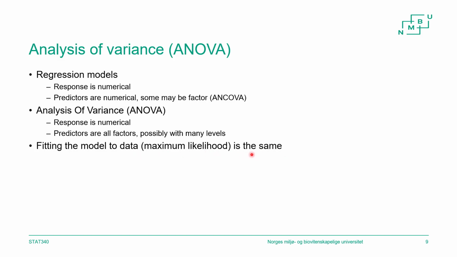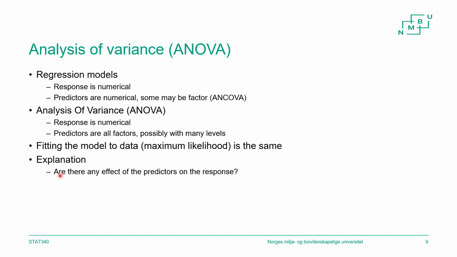So it's the same idea, the least squares and so on. Again, the focus here is on explanation. We want to understand how these various factor variables are important or not important for how the response comes out, large or small. So is there an effect of the predictors on the response?